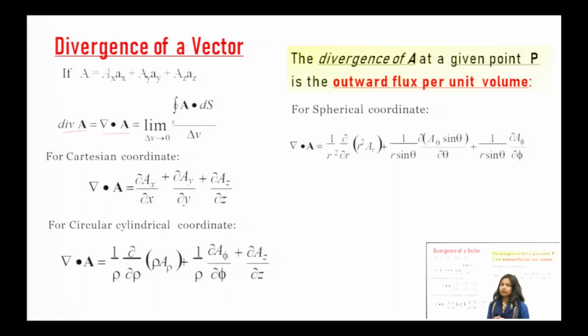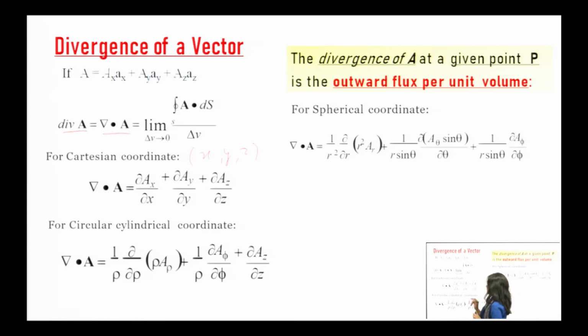Again, as we have three coordinate systems, we need to define the divergence in all these three. So, first of all, for Cartesian coordinate whose parameters are x, y and z, we define divergence as del dot A, which after further processing gives del Ax by dx plus del Ay by dy plus del Az by dz, where Ax is nothing but the coefficient of vector A in the direction of x.